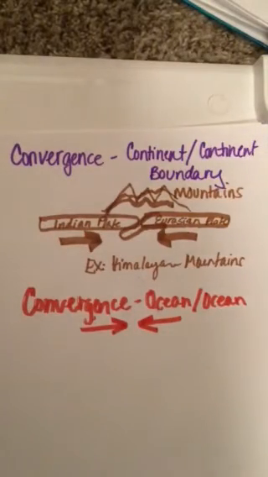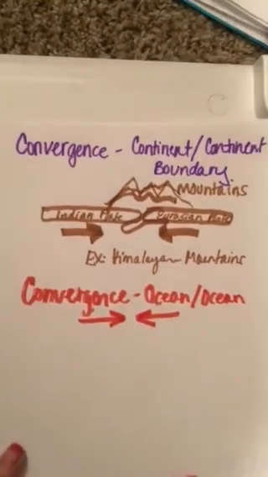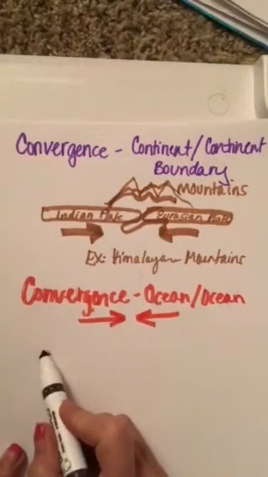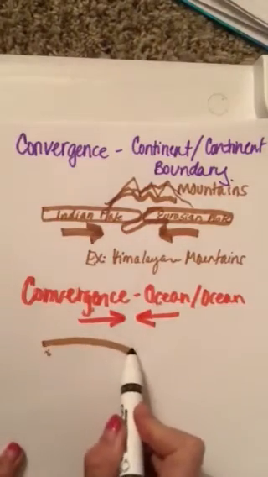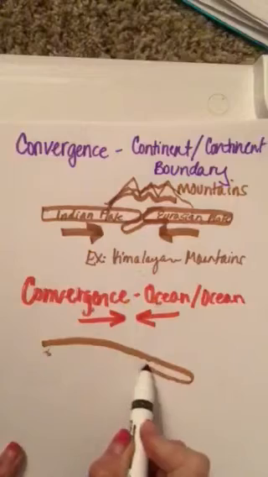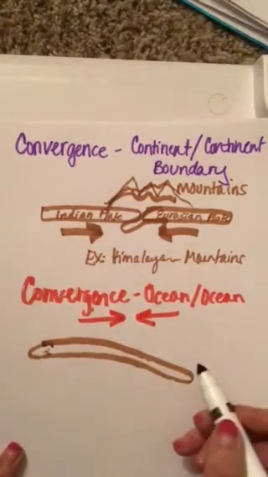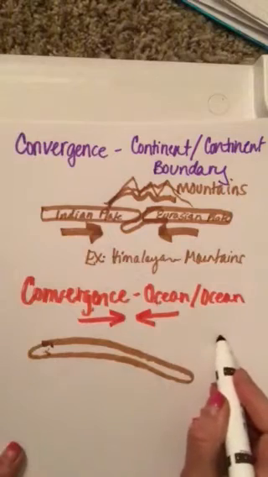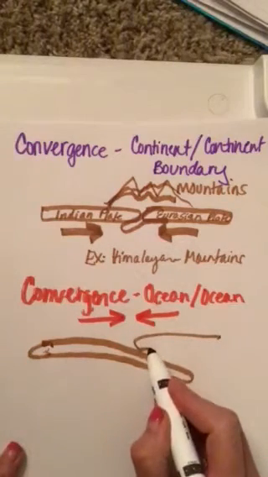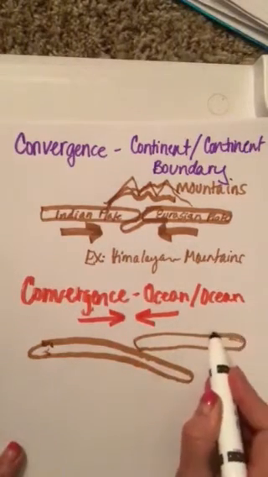When we have ocean-ocean convergence, we do have a plate that is a little bit more dense. So we will have what we call, what do we call that when one goes beneath the other and melts down? You said subduction. You're absolutely right. And we'll have one that kind of rides along the top.